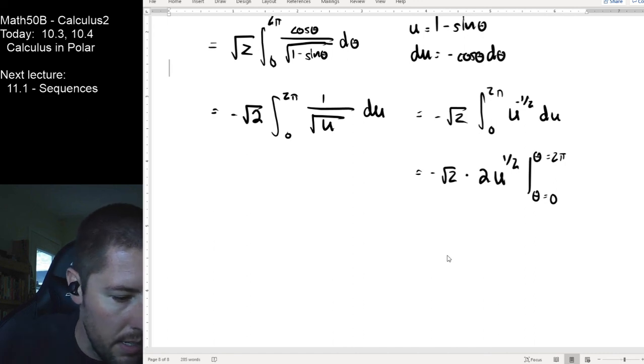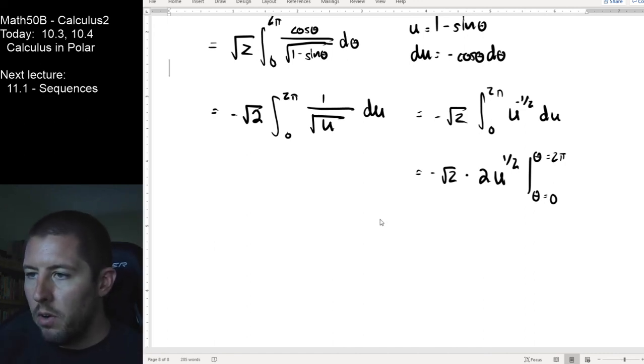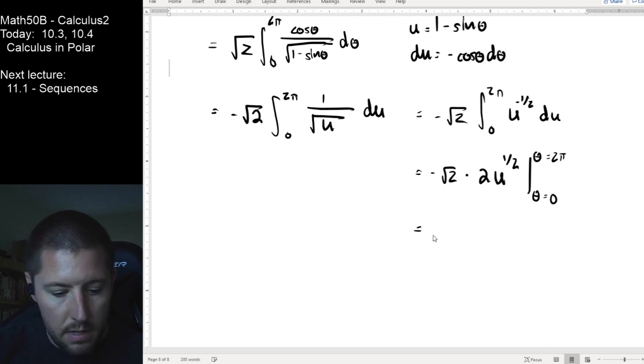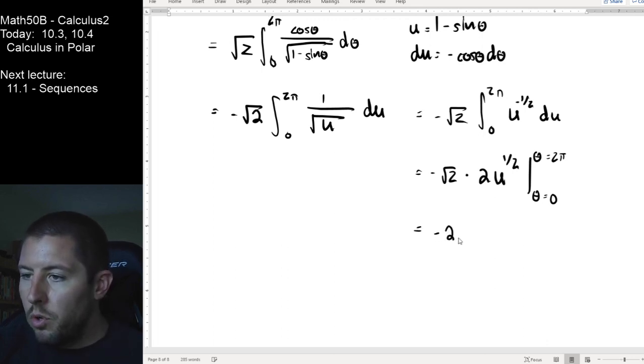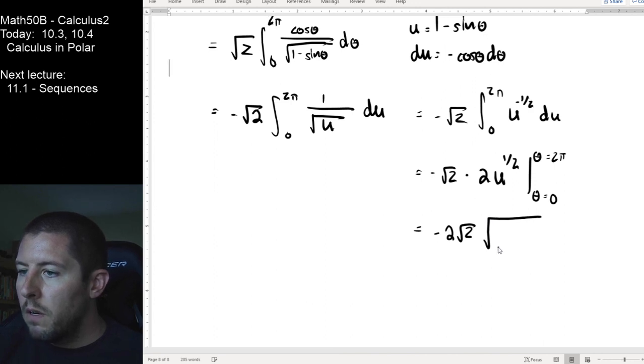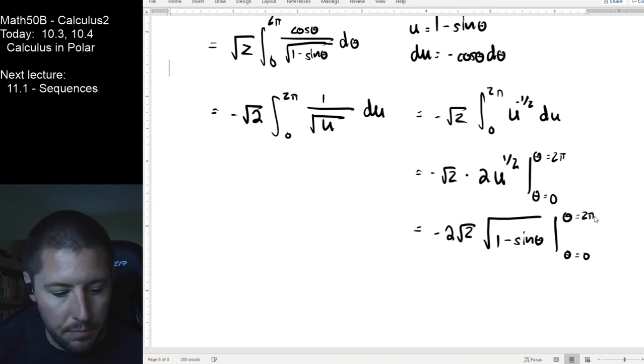Oh, I see. When I did that earlier, I dropped something. Okay. So I'm seeing here negative 2 root 2 square root of 1 minus sine theta, evaluated from theta equals 0 to theta equals 2 pi.